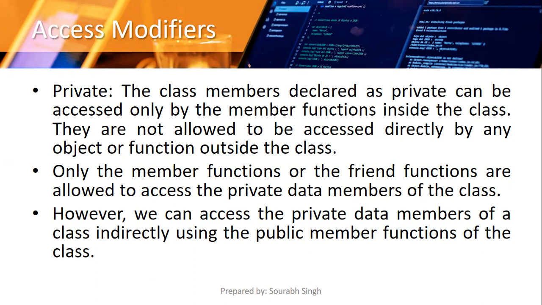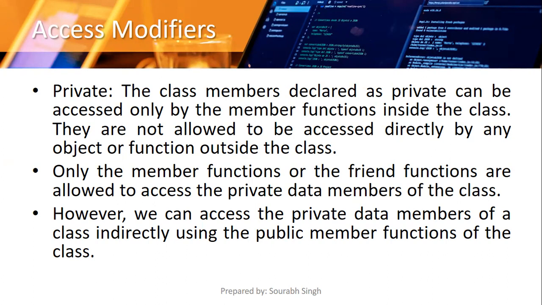These members will never be accessed outside the class. Only the member functions or the friend functions are allowed to access the private data members of the class. If there are any functions which are friends of that class, which we have already studied in the friend function lecture, they can definitely access the private data members. Other than friend functions or the member functions already inside the class, no one can access these data members.